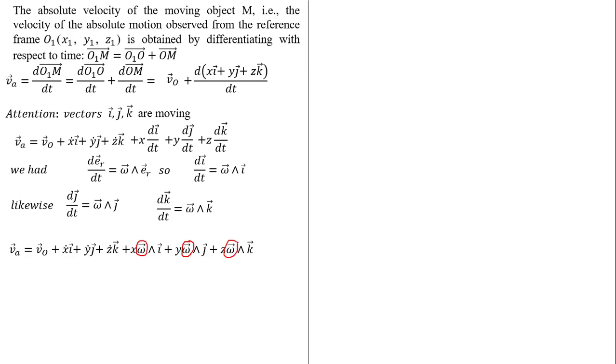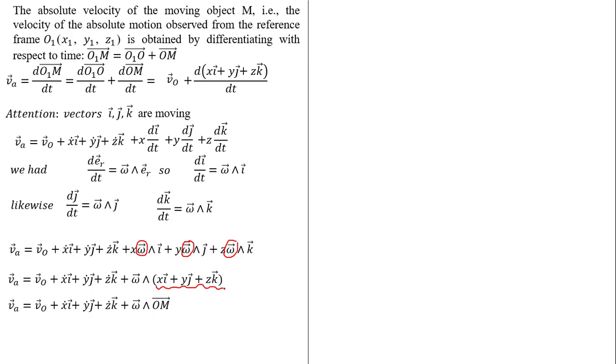We'll keep all these like this, and take omega as a common factor, so we'll obtain omega cross x I plus y j plus z k. What is it? This one, xi plus yj plus zk, is equal to the vector OM.